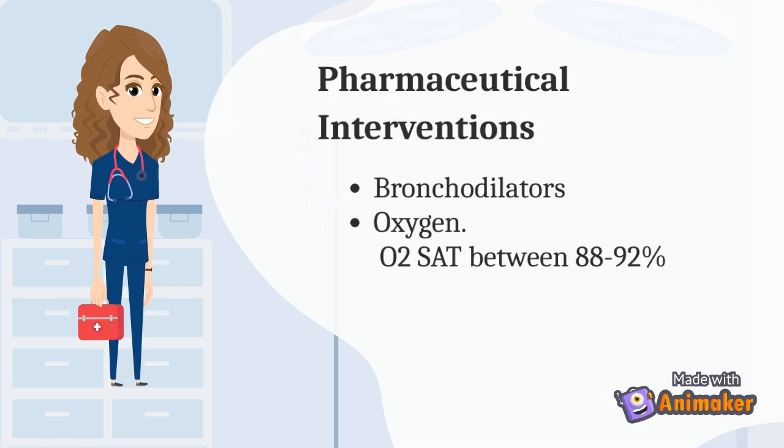Though we're often told that O2 saturations should stay above 95, studies have shown that COPD patients have the best mortality rates when oxygen levels are held around 88 and 92%. The reason for this is that if there's too much oxygen, we decrease the patient's respiratory drive and consequently cause carbon dioxide narcosis, which is higher than normal carbon dioxide concentration in the blood.